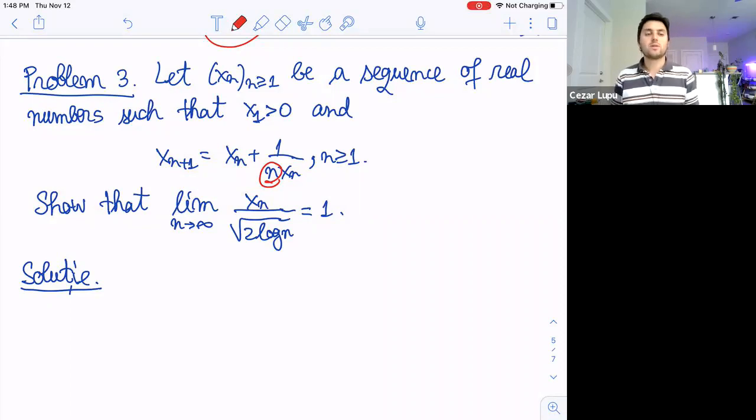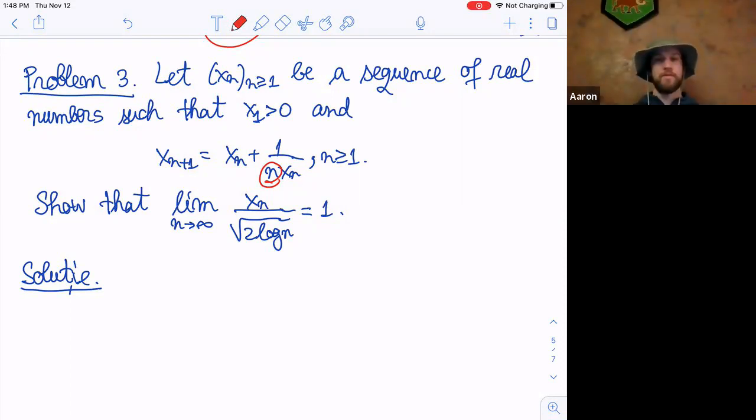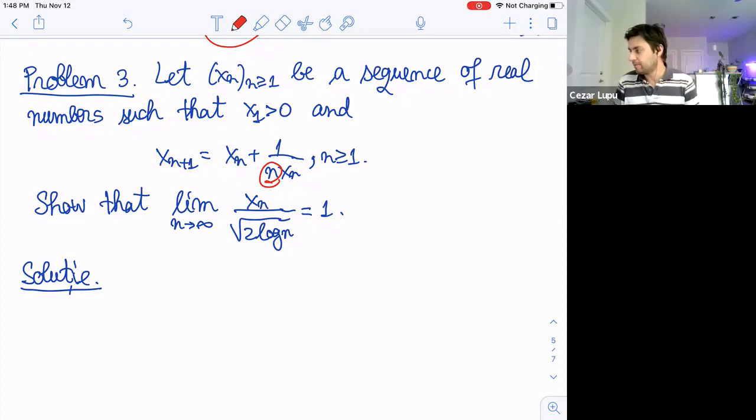Well, I would like to ask you, when you look at that recursion, suppose that xn is convergent. If you pass to the limit as n approaches infinity, what do you get? Can you tell me? Do you get x sub n? So if xn converges to L, you'll get that xn plus 1 will converge also to L, and you'll get L equals L plus 1 over n, but that's infinity already.